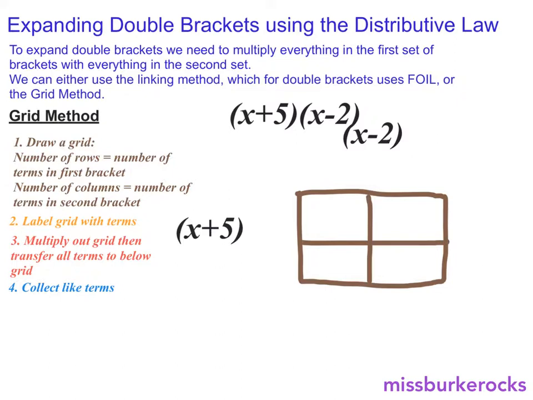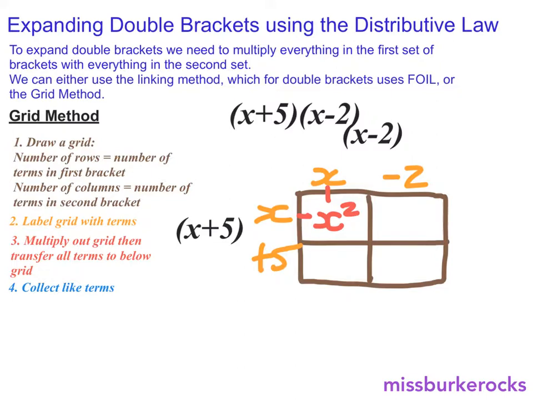So then I want to label x plus 5 and x take 2. Again, I need to multiply them out. In this one, we have x times x, which is x squared.